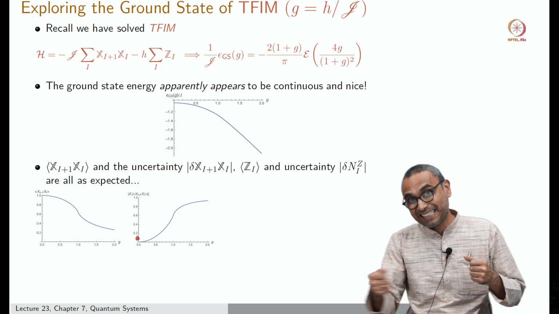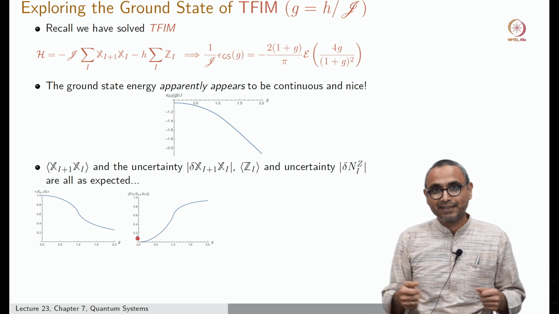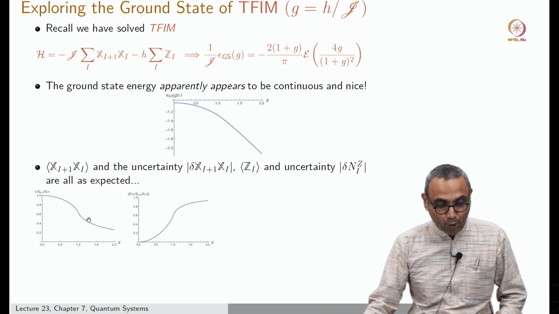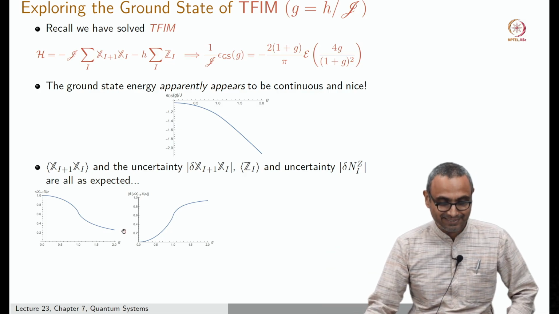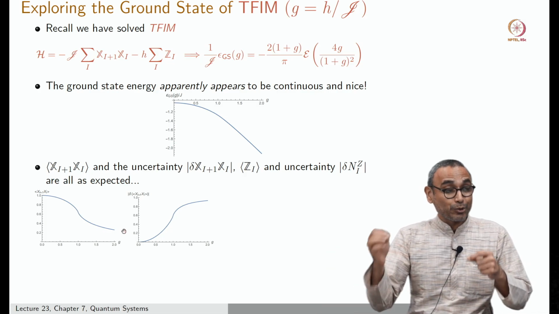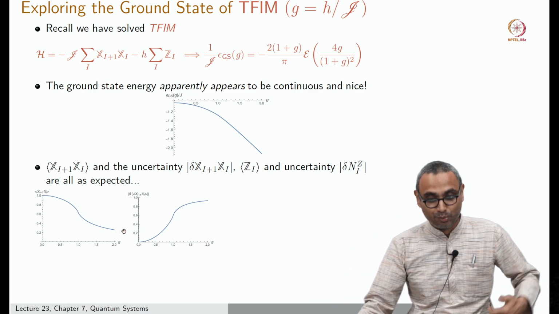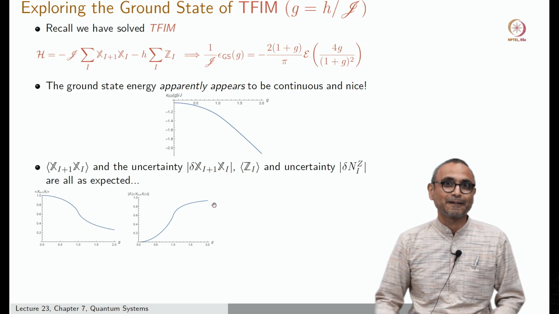What happens when G goes to very large values? Then I know that this quantity should go to 0, right, which it does. Not only should it go to 0, its fluctuation must become as big as allowed, and that's exactly what's happening. So the fluctuation of this is going to 1.